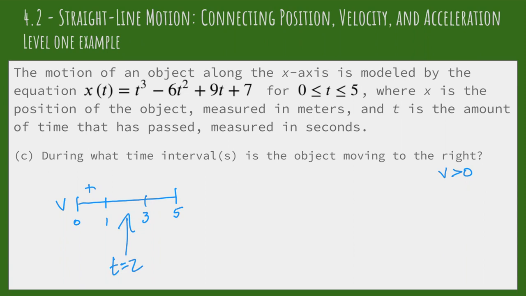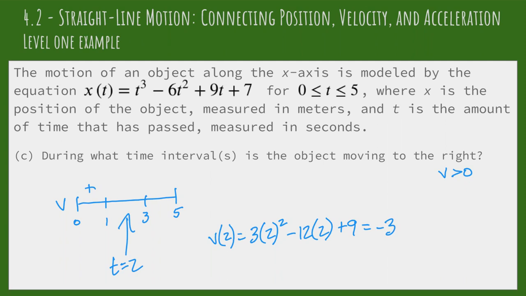And let's figure out what the velocity is at t equals 2. So the velocity at t equals 2, remember we're plugging it into that velocity function that we found in the last part. So it's going to be 3 times 2 squared minus 12 times 2 plus 9. And so that's going to be 12 minus 24 is negative 12, plus 9 is negative 3.